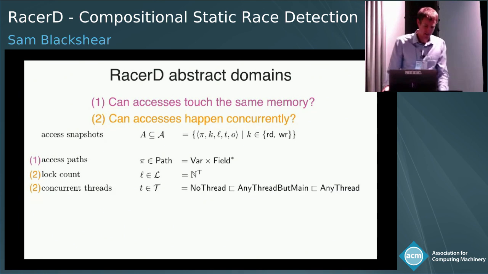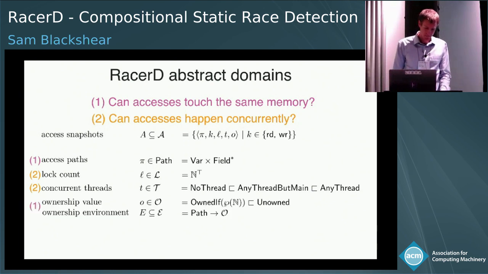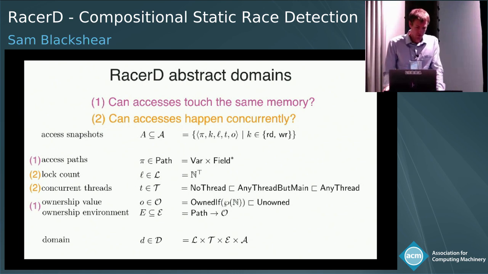We also need to track threads that we think might be running at the same time as the current access. And also some ownership information for each access path. Do we happen to know that the memory accessed here is owned by the current thread? And our overall domain is just a Cartesian product of these four subdomains. And let me go into a little bit more detail on how the concurrent thread and ownership domains work.